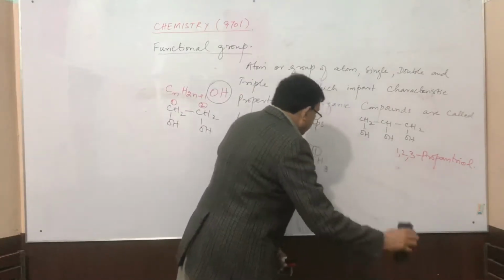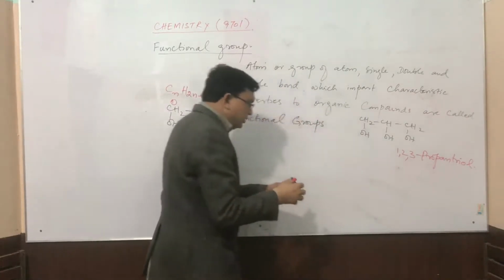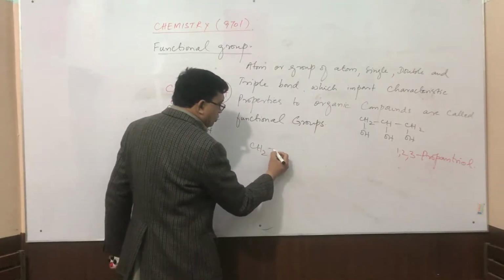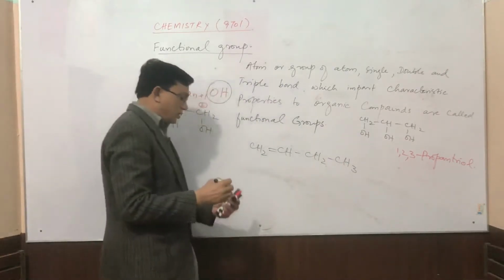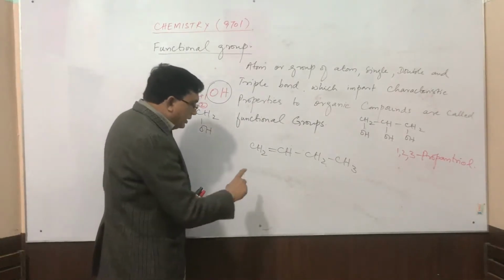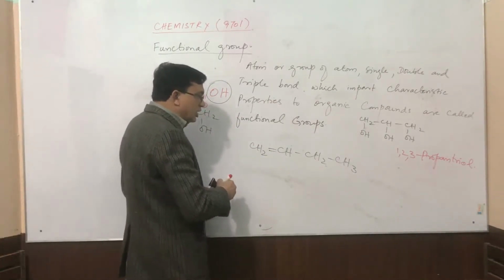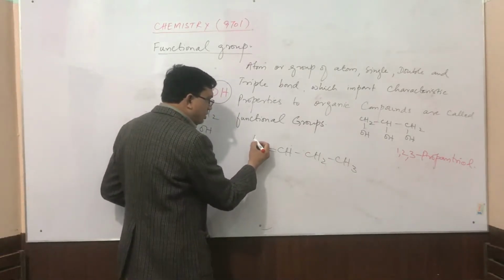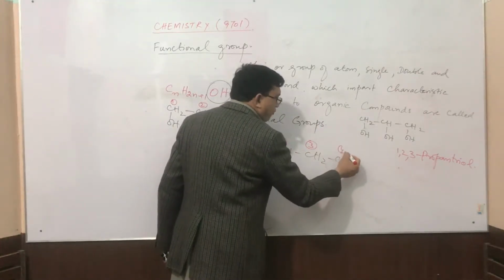Similarly, for the importance of a functional group, for example, this is our compound CH2 double bond CH, CH2 and CH3. Now, this compound contains 4 carbon atoms. Both of these carbon atoms contain the double bond. That's why the numbering will start from this side, not from this side, because the functional group will be given preference. This will be carbon 1, second carbon, third carbon and fourth carbon.